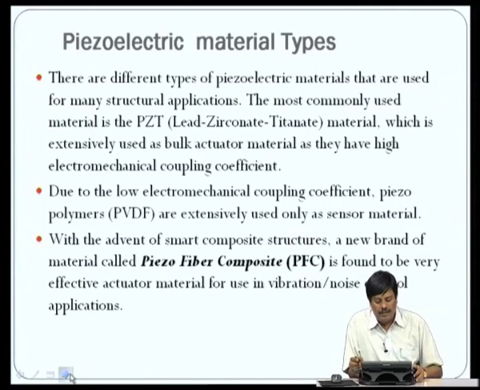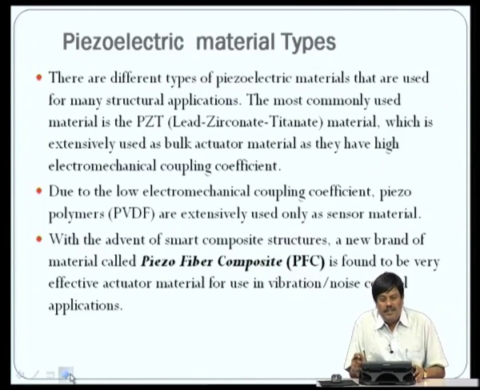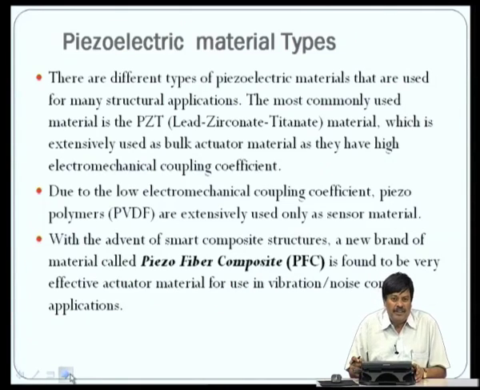So, what are the piezoelectric types? We discussed this in our earlier lecture, lecture number 2, where we said there are different kinds of piezoelectric material available in different forms, either in the ceramic form, the crystal form or the polymer form.